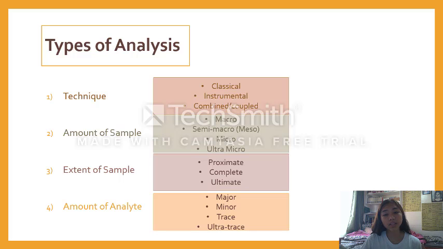Then for the ultimate kay gipangita niya ang individual na mga components gyud, like for example, amount of carbon in our fuel, pila ang percent nitrogen, percent sulfur dinha sa ato ang fuel, so ingana sa ultimate. And so for the complete naman kay I don't know kanang unsa ni siya, so pwede ninyo i-search ninyo ang sa complete.